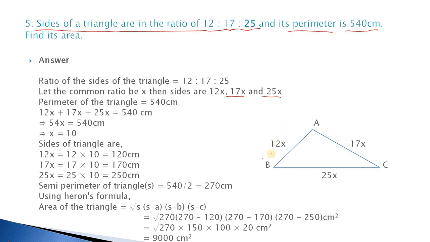Given the perimeter of the triangle is 540 centimeter, so 12x plus 17x plus 25x is equal to 540 centimeter. 54x is equal to 540 centimeter. The value of x is 10.